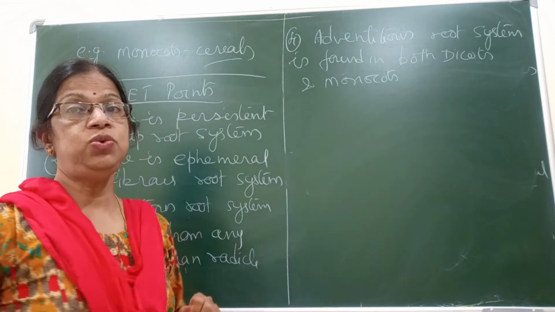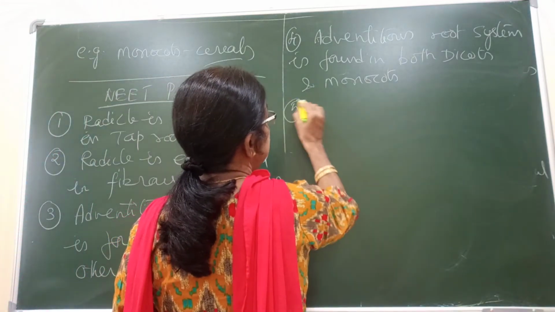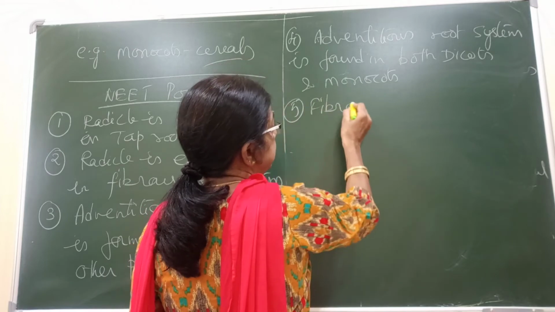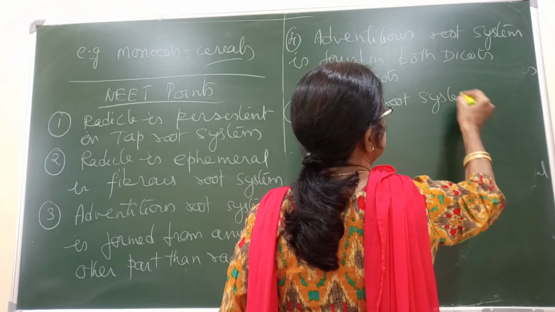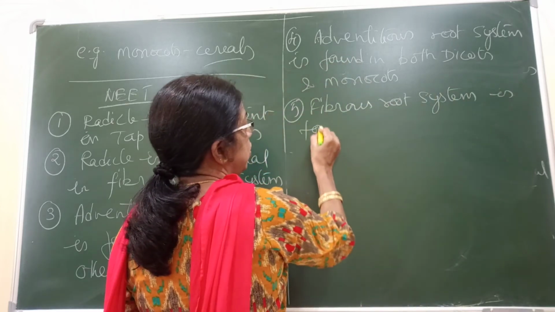But fibrous root system is found only in monocots.